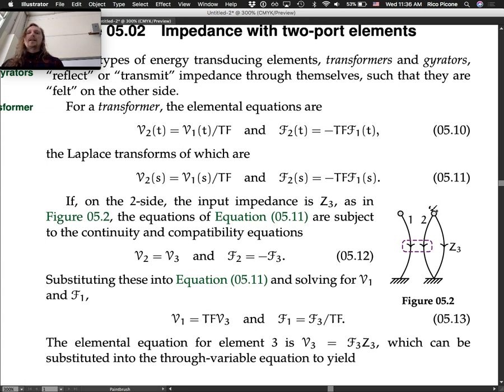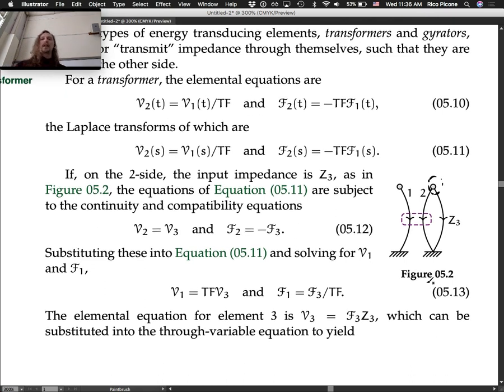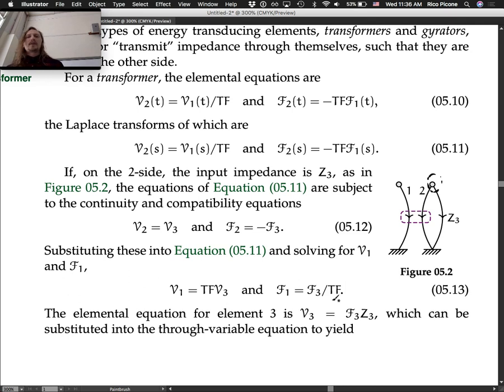If you looked at a contour around this node, you would see that the through variable through 2 has to be equal to the negative through variable through 3. Substituting these into equation 5.11 and solving for V1 and F1, we eliminated the 2 terms. So V1 is equal to TF V3, and F1 is equal to F3 divided by TF.